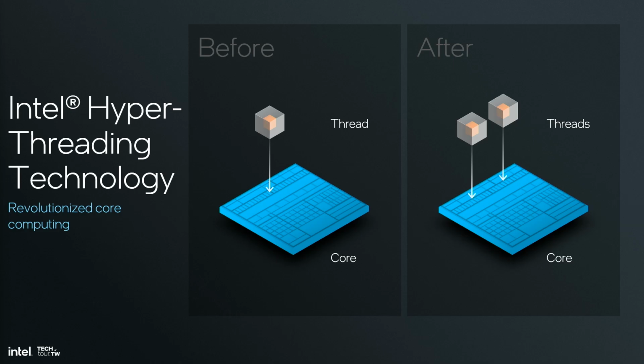As core counts grew but still lagged the inherent software parallelism or the OS ability to schedule threads, hyperthreading remained an efficient method of increasing overall compute throughput.